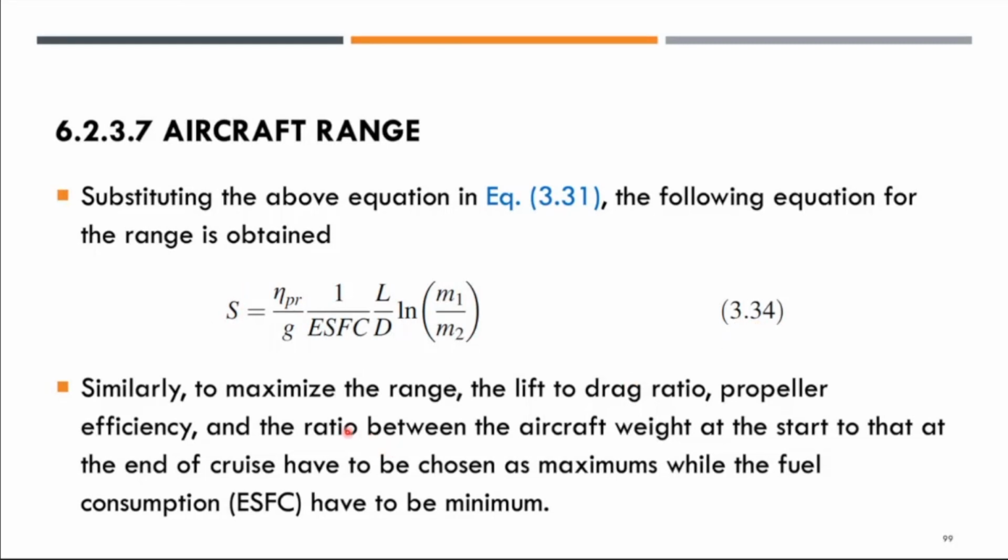Similarly, to maximize the range, the lift to drag ratio, the propeller efficiency, and the ratio between the aircraft weight at the start and end, M1 and M2, have to be chosen as maximum, while the fuel consumption, ESFC, equivalent specific fuel consumption, has to be minimum, so that S can be increased.